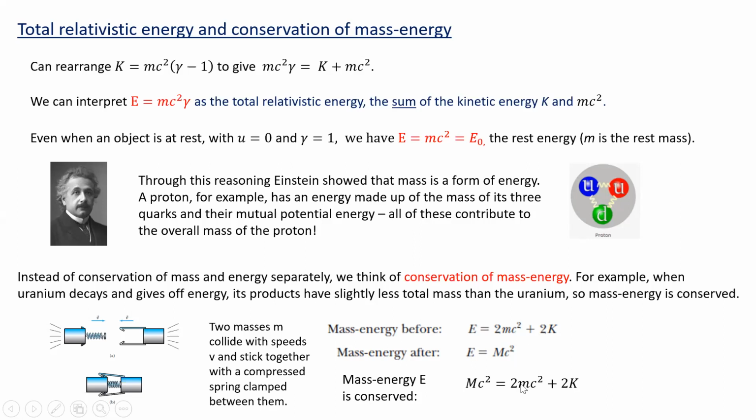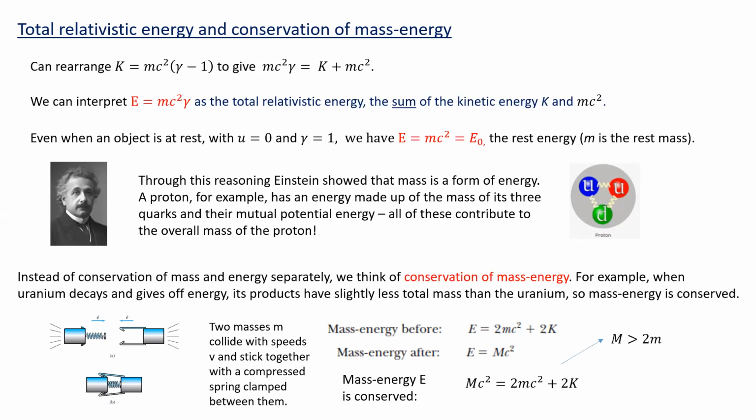But that means that big M must be greater than 2m, because k is greater than 0. So this side is greater than 2mc squared. So that means that Mc squared is greater than 2 little mc squared. So M is greater than 2m.